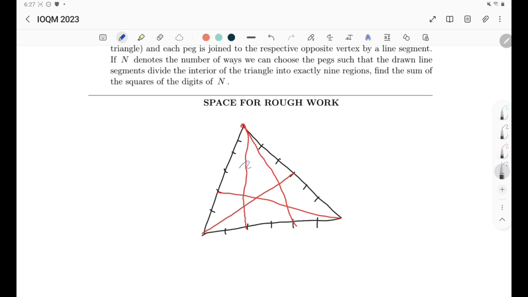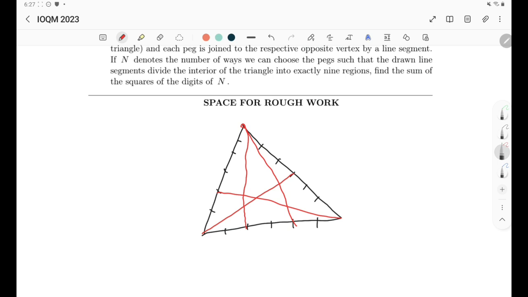Like this. 1, 2, 3, 4, 5, 6, 7, 8, 9, 10. Okay, this is bad. So does that mean that the only working solutions are 2 and 2 and 0 here?